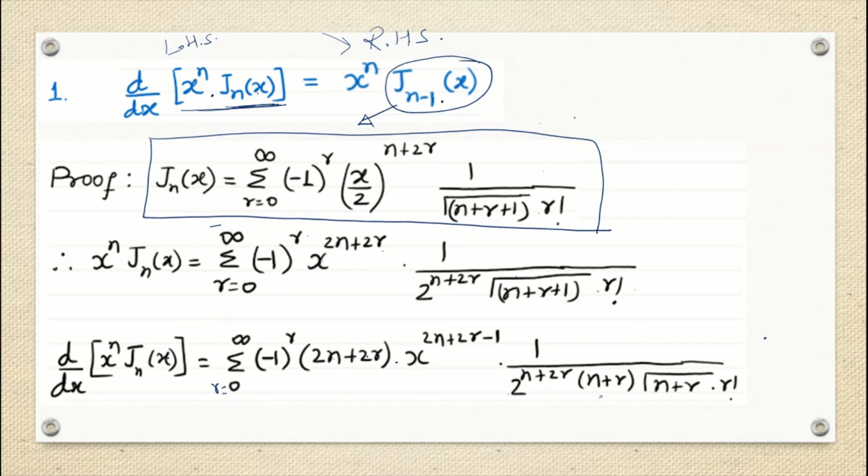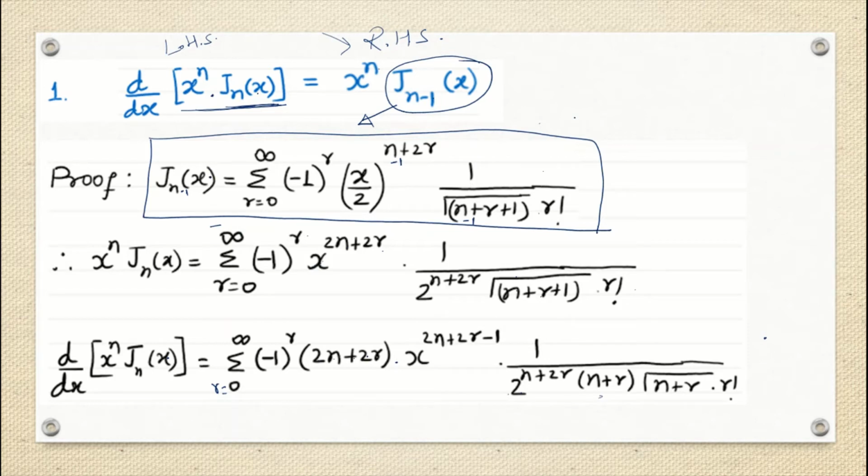So if J n is like this, and I want to know J n minus 1, wherever I have n in the right hand side, I'll make n minus 1 accordingly. Everything else is the same because this is J n minus 1 only, so the r, x and all other things will be the same.